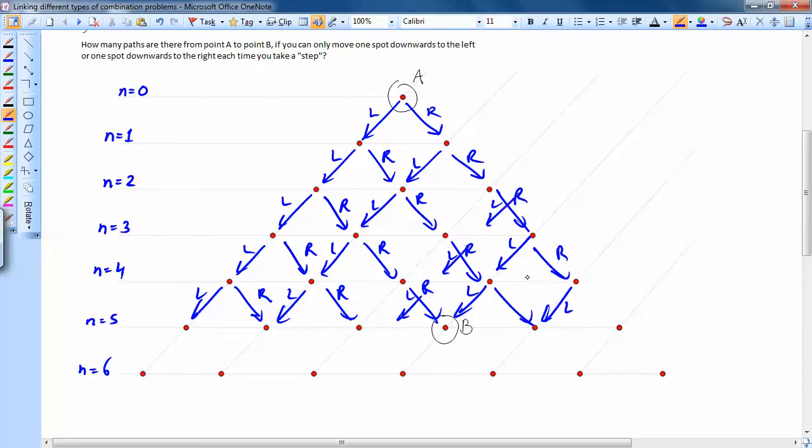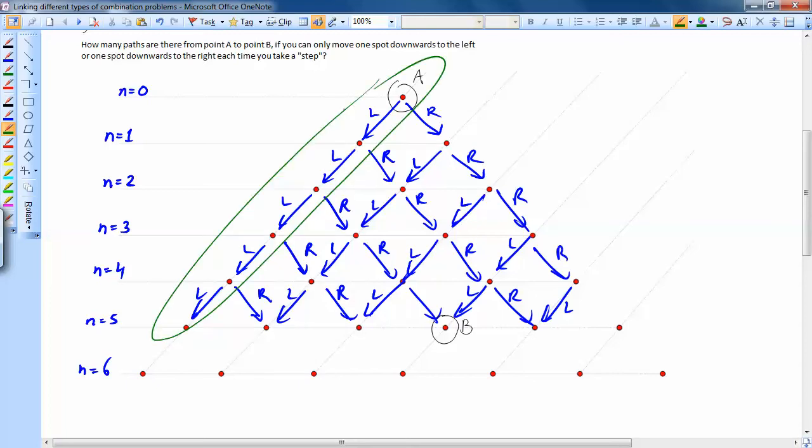Okay, one of the things to note, whoa, did stuff get moved over somehow? Left here, left here. Somehow those moved, I don't know why. Left here. Okay, one of the things to note here is that in this slanted row right here, I've taken no right turns to get to any of those points.